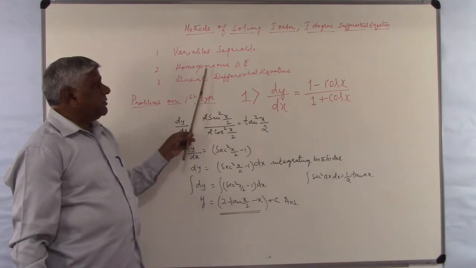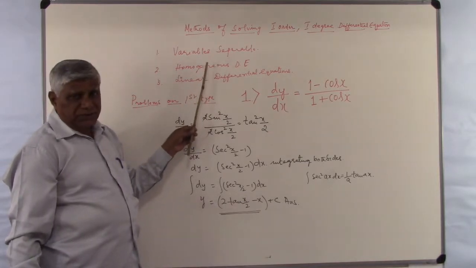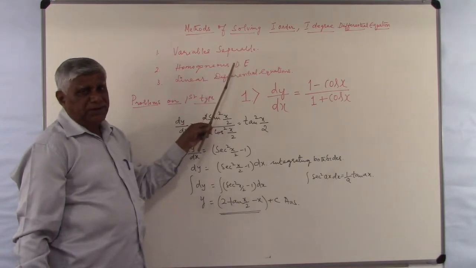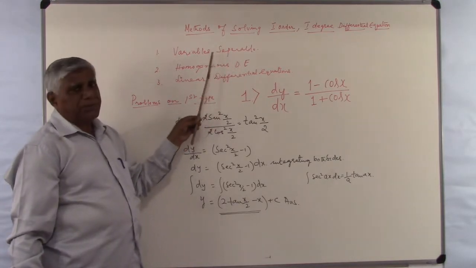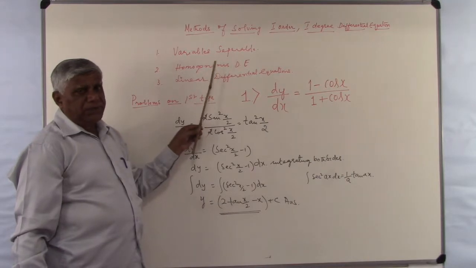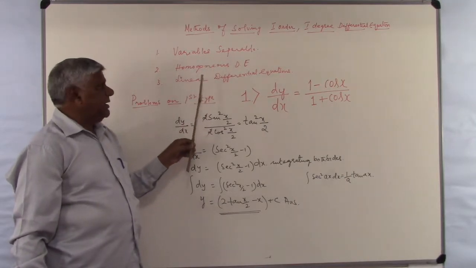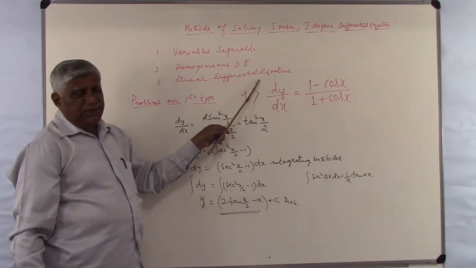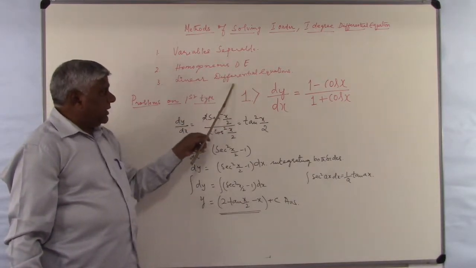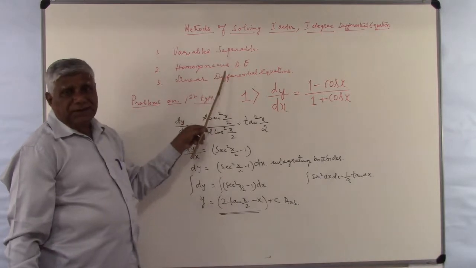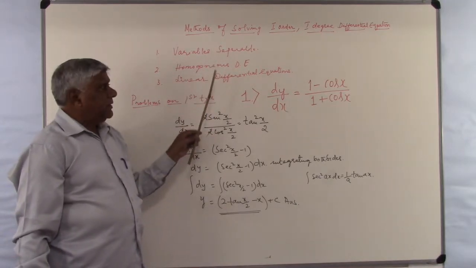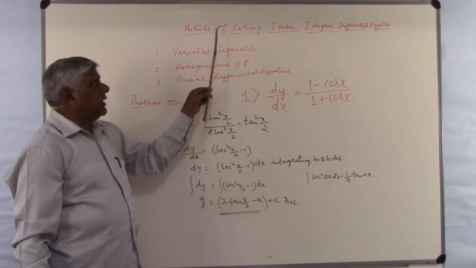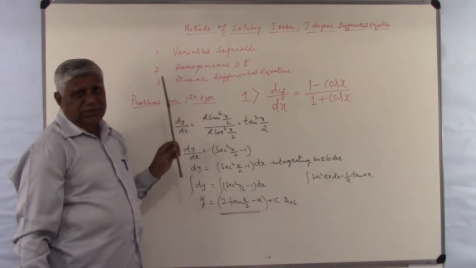Second, by homogeneous differential equations, which are the same as variable separable after doing some minor adjustments in the beginning. And third one is linear differential equations. So these are all the three first order, first degree differential equations. These are the different types of methods by which you can solve the differential equation.